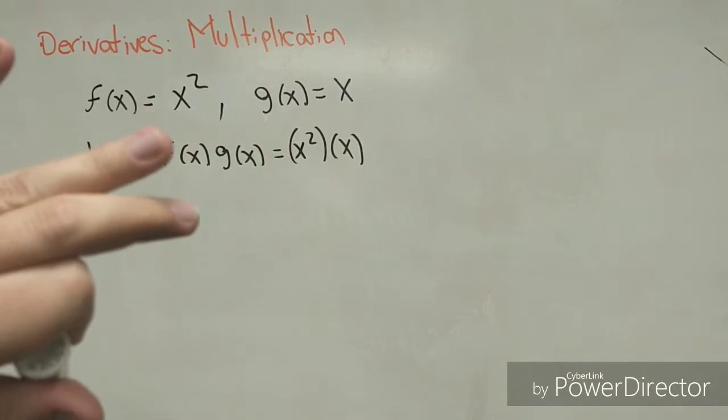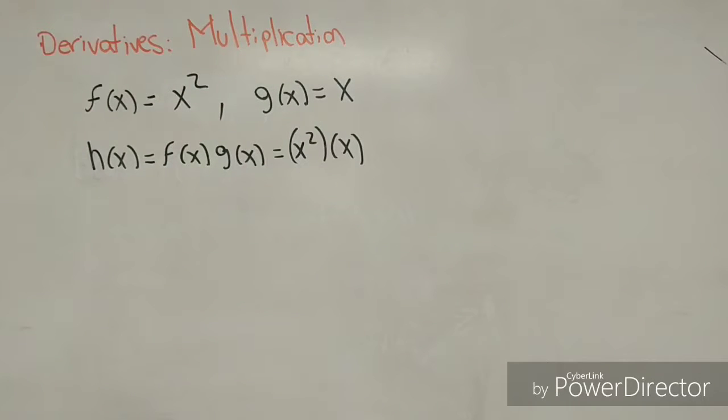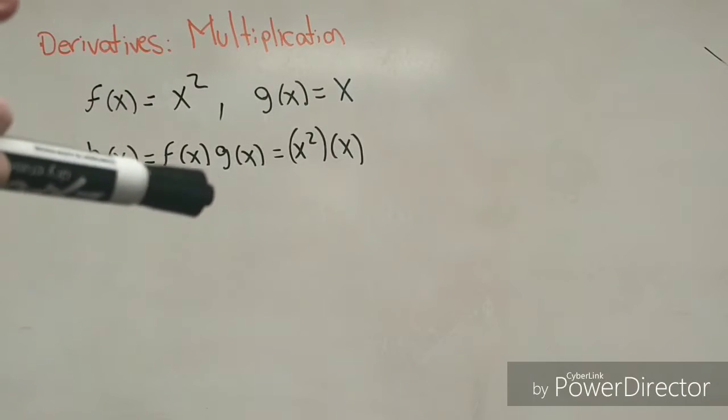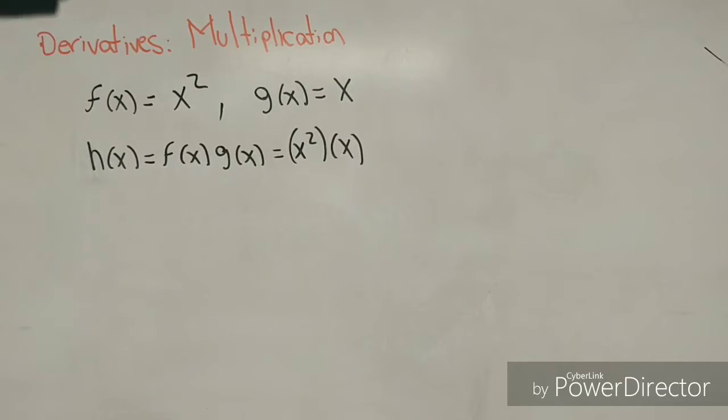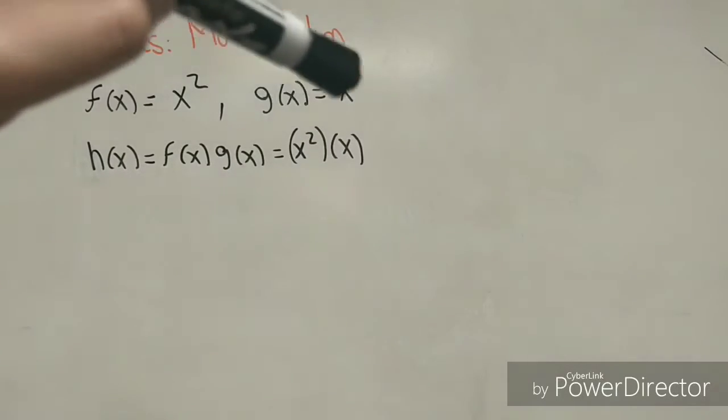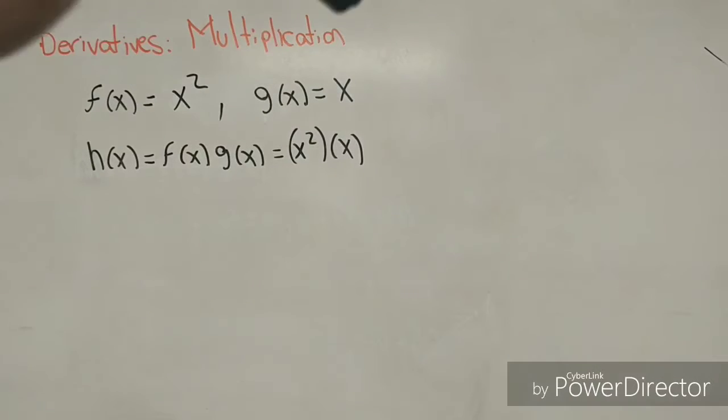We know implicitly that x squared times x is x to the third power. But we're not going to mention that in this case. We're just going to keep in mind that we have two different functions. One is x squared and the second one is x.